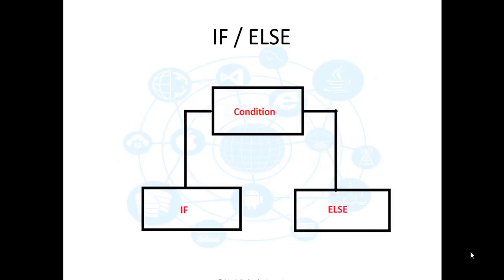So moving on to selection statement, if and if else. Let me take an example: if we want to reach our home and there are two paths. Path A will take 5 minutes, means I can reach my home in 5 minutes, whereas path B will take 10 minutes.